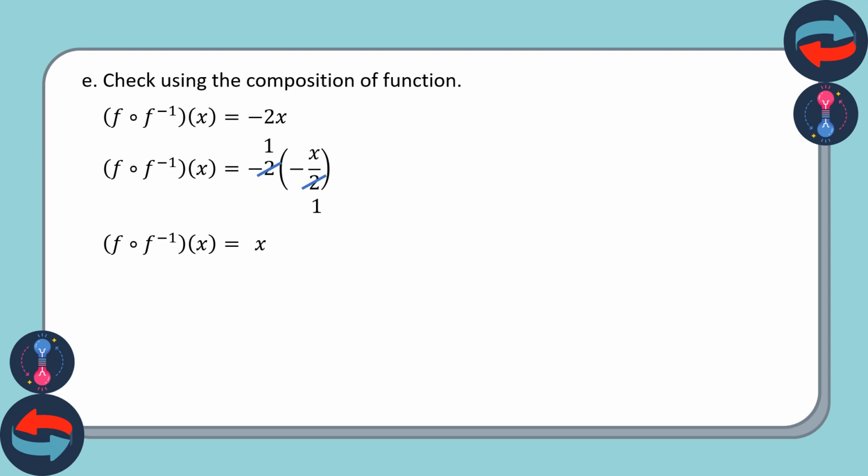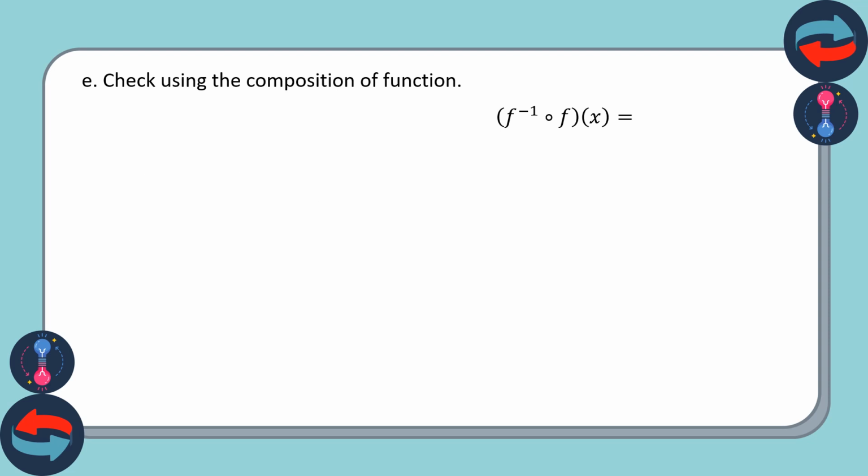This time, we solve for the inverse of f circle f of x, where the inverse of f of x is equal to negative x over 2. We are now ready to replace all x by negative 2x. The composition is equal to negative 2x over 2.